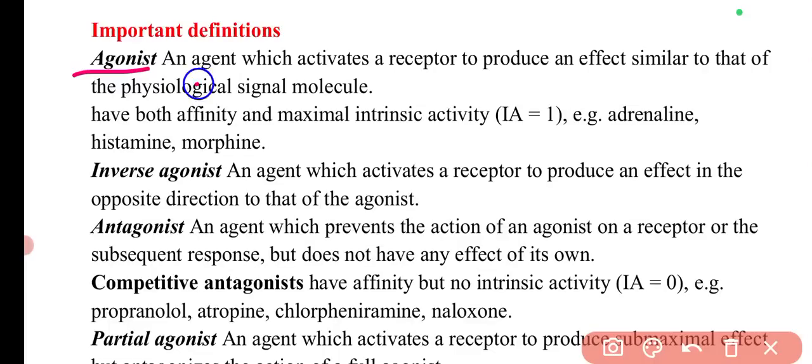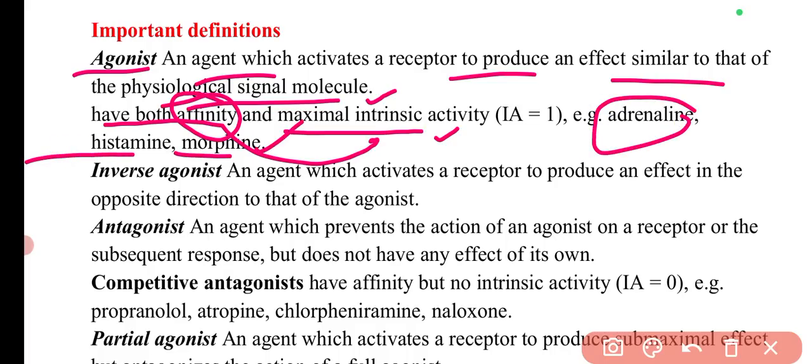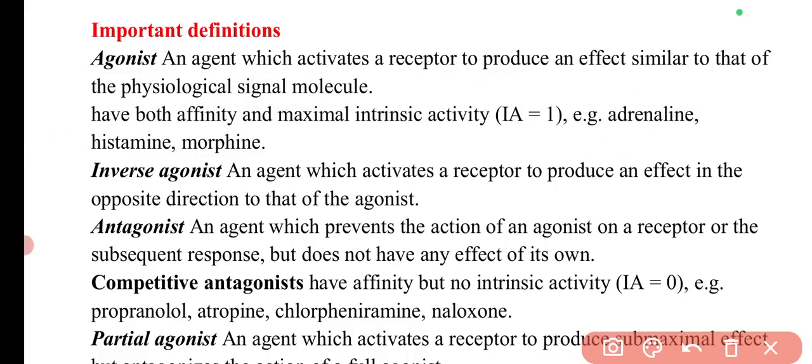So agonist is basically an agent which activates a receptor to produce effects similar to that of physiological signal molecule. And they have both affinity and maximal intrinsic activity. Means they will bind with the receptor as well, and they will produce the effect as well. For example, adrenaline, histamine, morphine, these are the agonist examples.